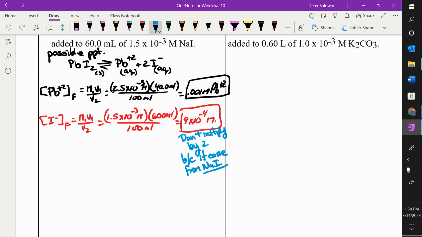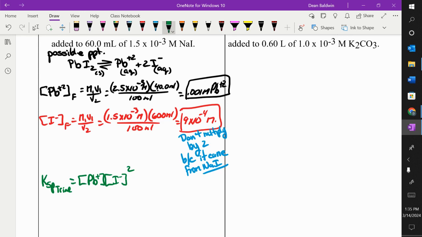Now that we have the concentrations, then we look at the KSP reaction to form the precipitate. So the KSP, or the trial KSP, what's the equation? Don't give me the numbers, just tell me what the equation is. It's going to be the concentration of lead times the concentration of I minus squared. Does that make sense? It's just a regular KSP question.